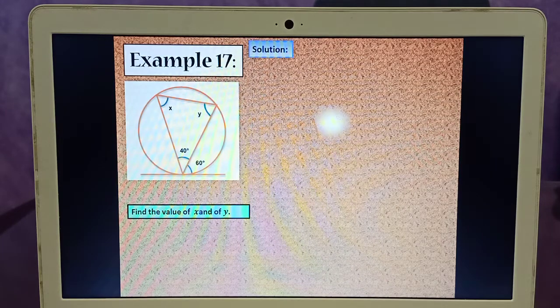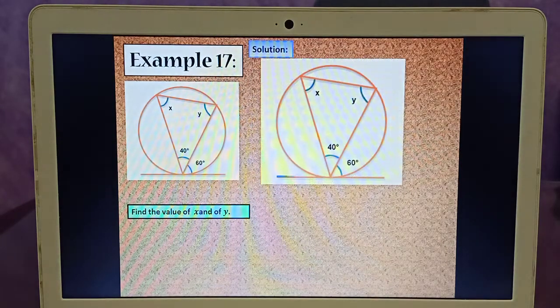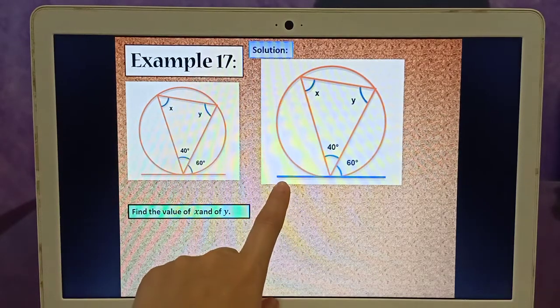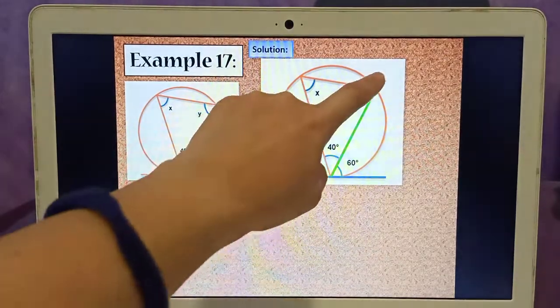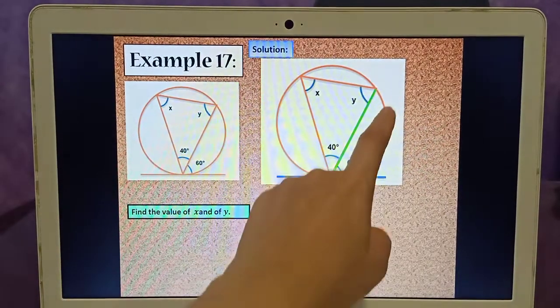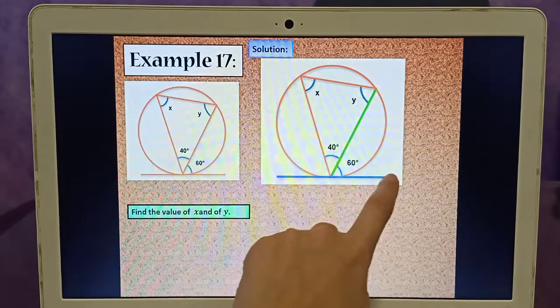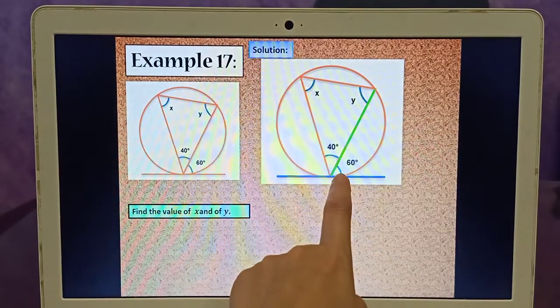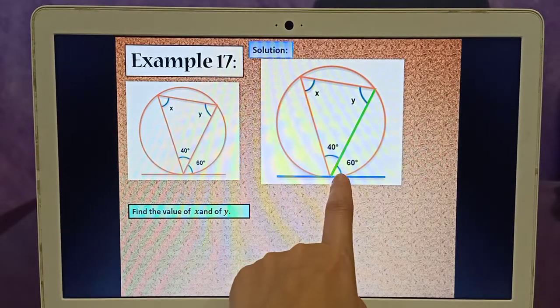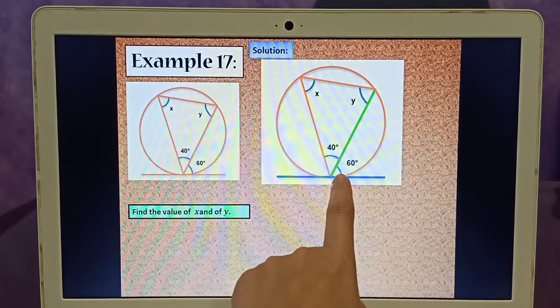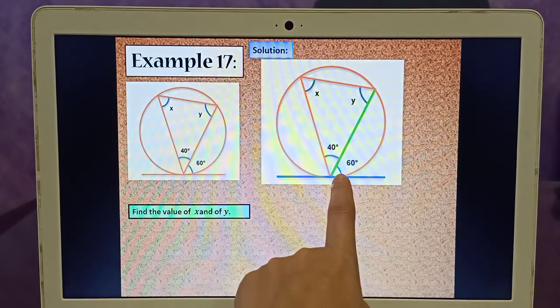So this is tangent, this one tangent, and the green one is the chord. So this 60 degree is the angle between the chord and the tangent. So this angle is actually equal to another angle inside the triangle, right?